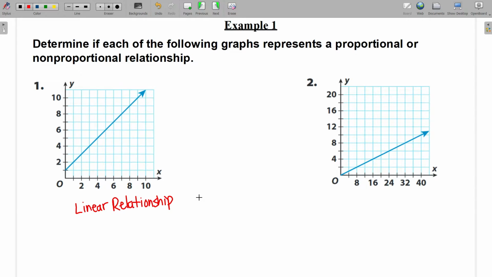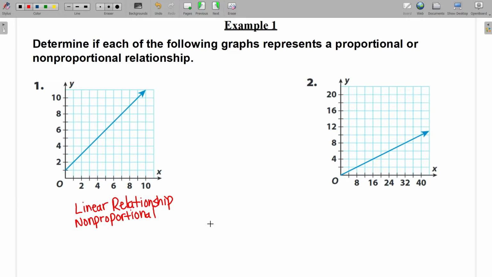In looking at it, you'll see that this line is not crossing through the origin at 0, 0. When x is 0, it's crossing the y-axis at y equals 1. So this is what we would call a non-proportional relationship. So this is a linear non-proportional relationship.